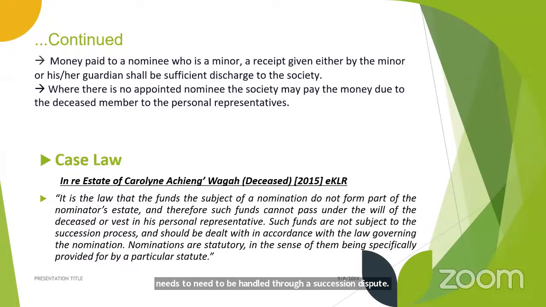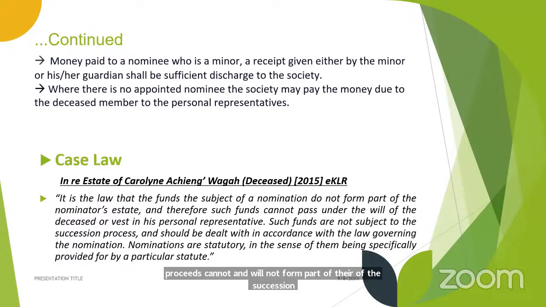The courts have over time ruled that where there is a statute which gives authority for the member to nominate a nominee, the proceeds of the SACCO, as it applies to us now under the SACCO Societies Act, cannot and will not form part of the succession petition.